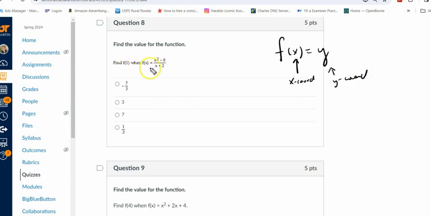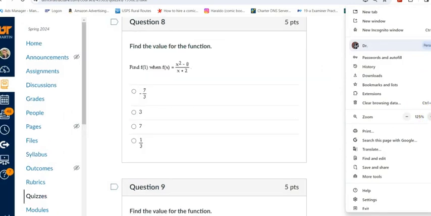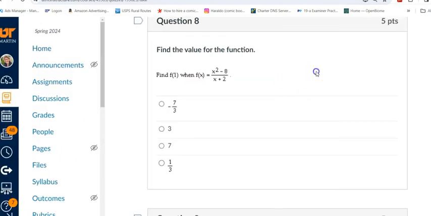So this is our definition for f of x. This is our y value. So let me make it a little bit bigger because it can be hard to see. Typing's a bit small on this one. Okay, so we want to evaluate f at 1. So let me write this bigger.